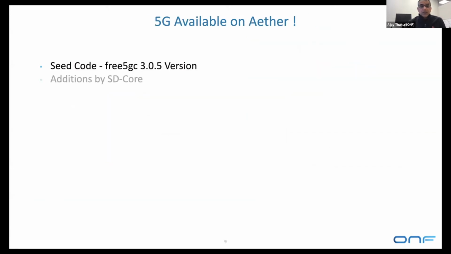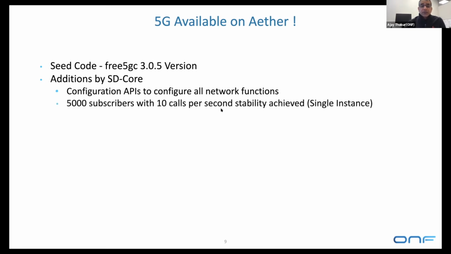Okay, so as I said, we have taken the free5GC 3.0.5 version. What changes have we made? First of all, configuration APIs were not present in free5GC, so we added those. Like most open source projects, you have a fixed config, you start the network function, and it works well.